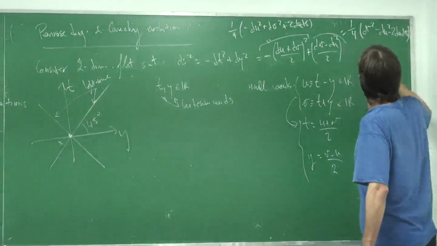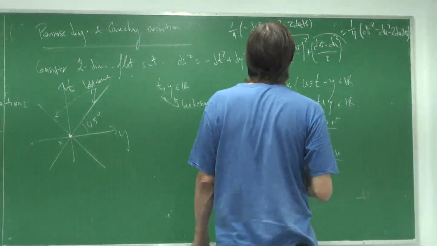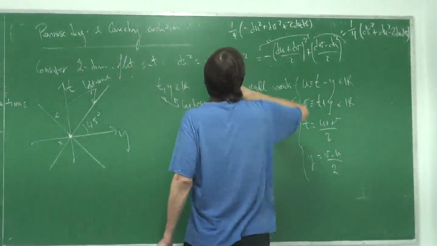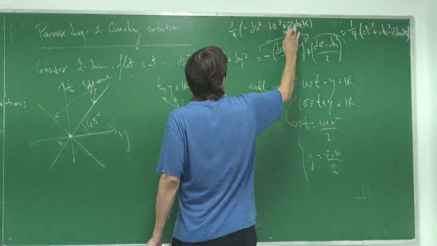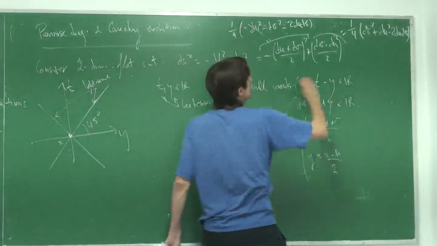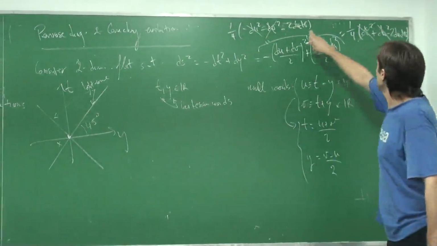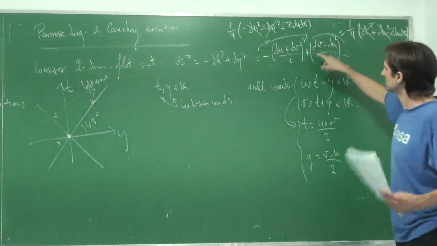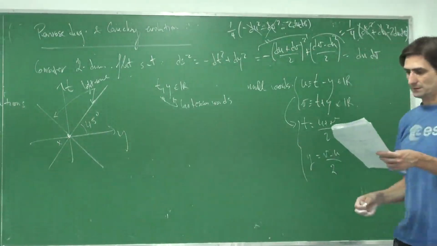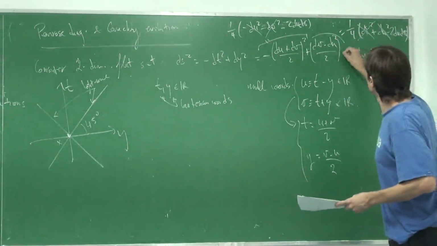So the du squared cancels out with this one, the dv squared cancels out with this one. What you're left with is minus du dv.